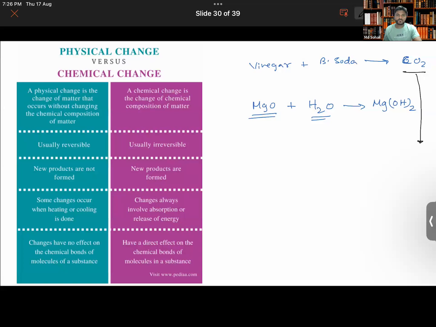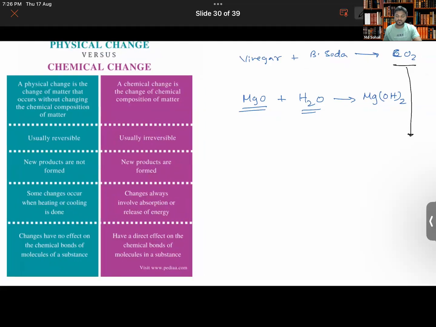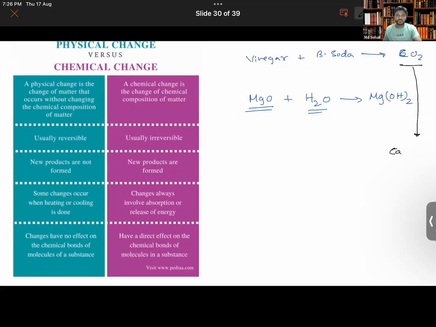Ca(OH)2 plus CO2 is equal to CaCO3. Very good. And what do we call CaCO3, Sundar? Calcium carbonate. Good.